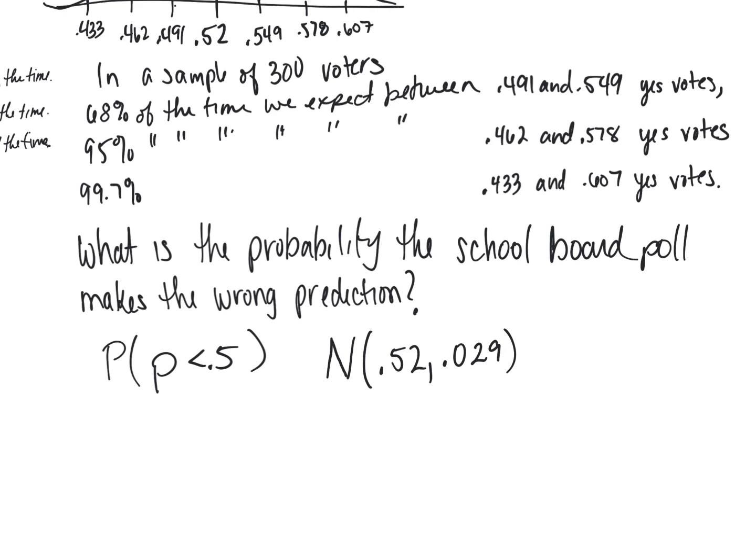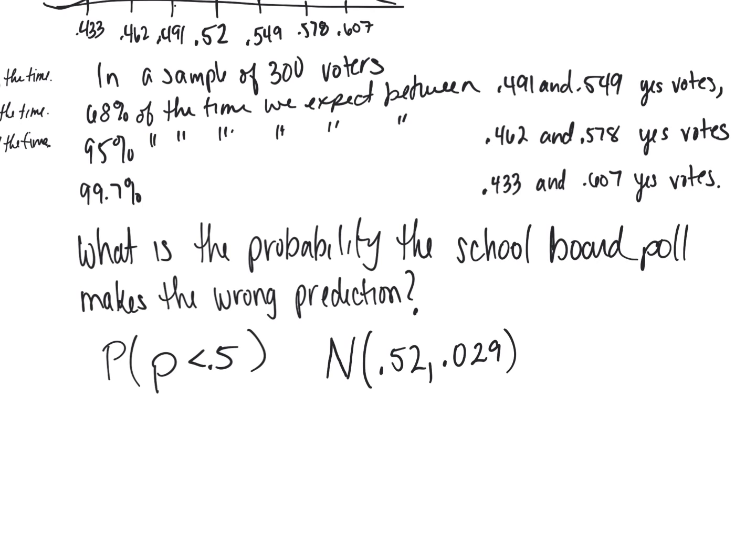I do not use square root of PQ over N and then use sigma over N. You don't have sigma. You don't have the standard deviation of data that was gathered. You have the standard deviation of a proportion. We don't take that 0.029 and put it into the other formula. They're two separate formulas. If I have proportions, I use square root of PQ over N. If I have means, I use sigma over square root N.